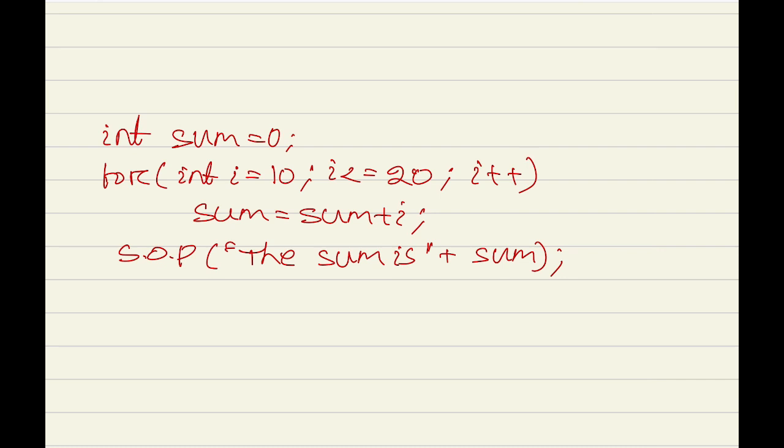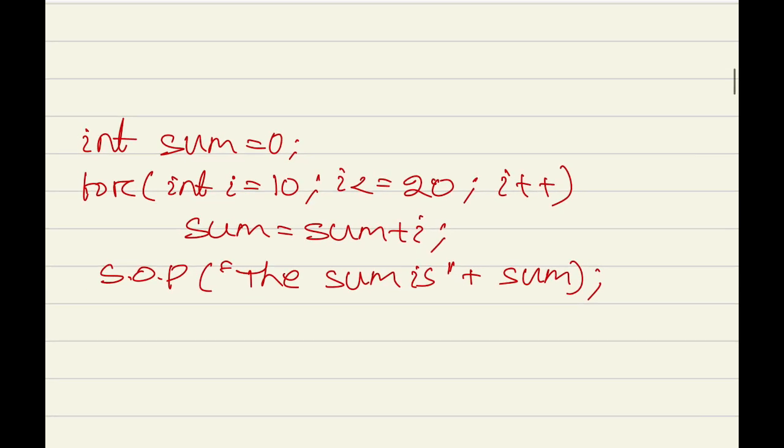So here you can observe, we are giving the starting value of i as 10 and the ending value of i is 20, and we want to find the sum of the integers from 10 to 20.